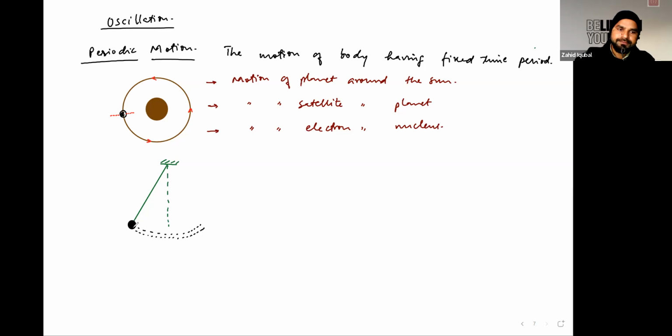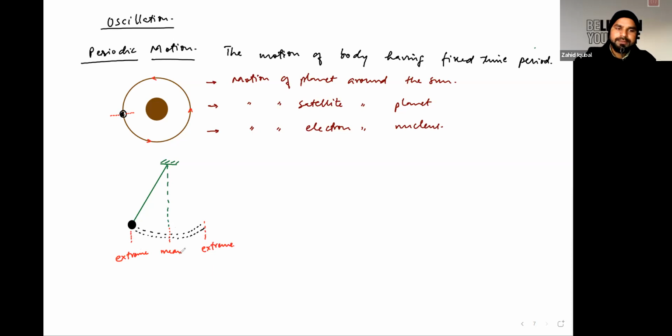But in this case, this is one end and this is the other end, and this is the mean position. This is extreme and this is also extreme.